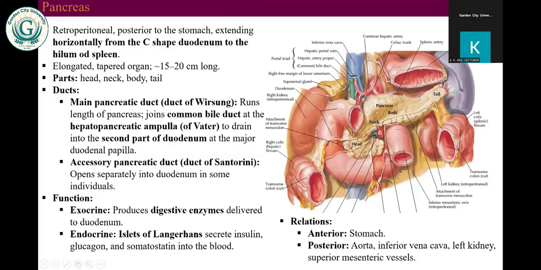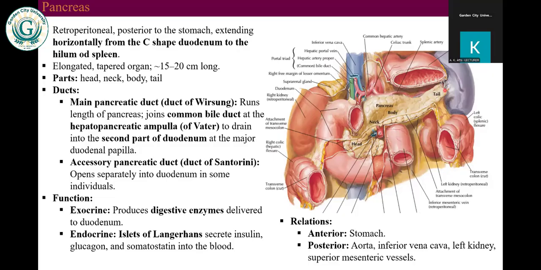The pancreas extends from the C-shaped duodenum to the tail, to the hilum of the spleen.